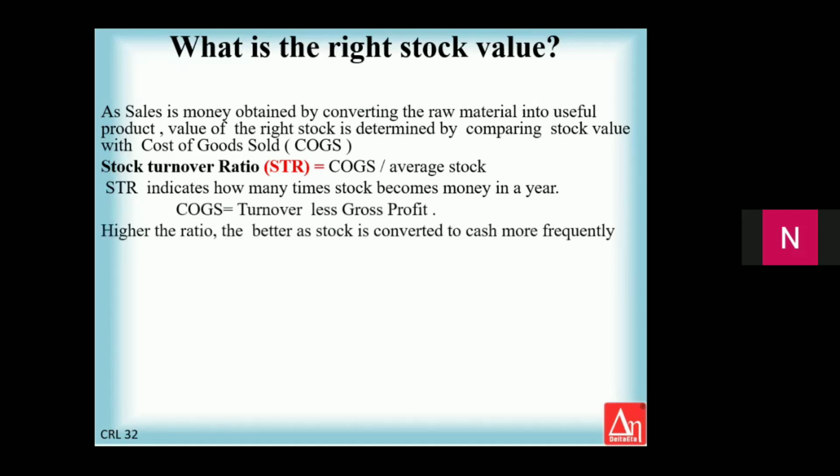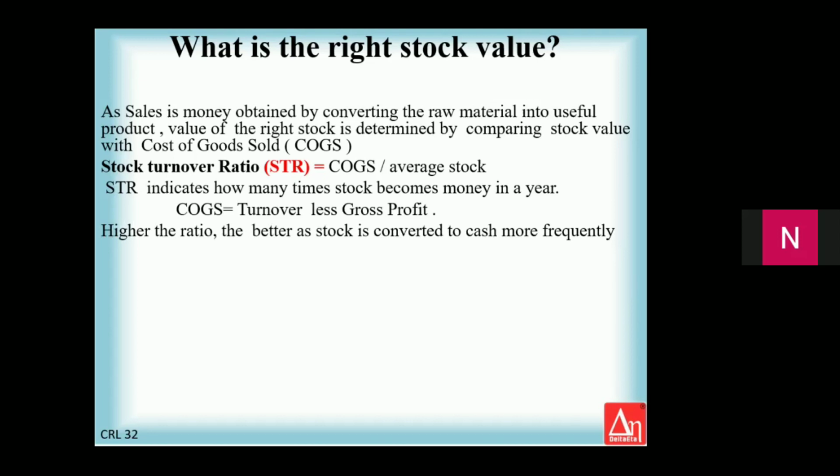If the ratio is high, it means the stock is getting converted into cash more frequently, which is better for the company. It can be a number like 5, 6, 8, 10, whatever it is.